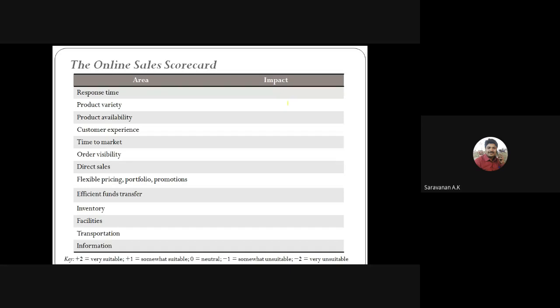Then, what are maybe the online sales, right? The impact has to be noted in a particular format, in terms of keywords. What are the keywords? We have to mention +2, +1, 0, -1 and -2, right? Here +2 indicates it's very suitable.